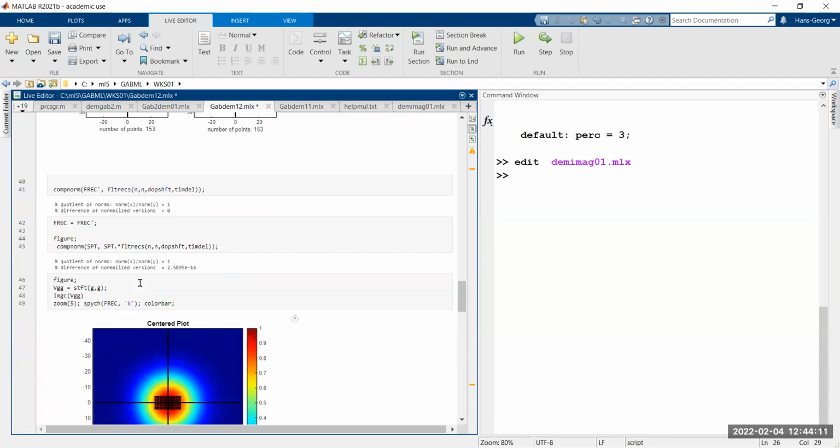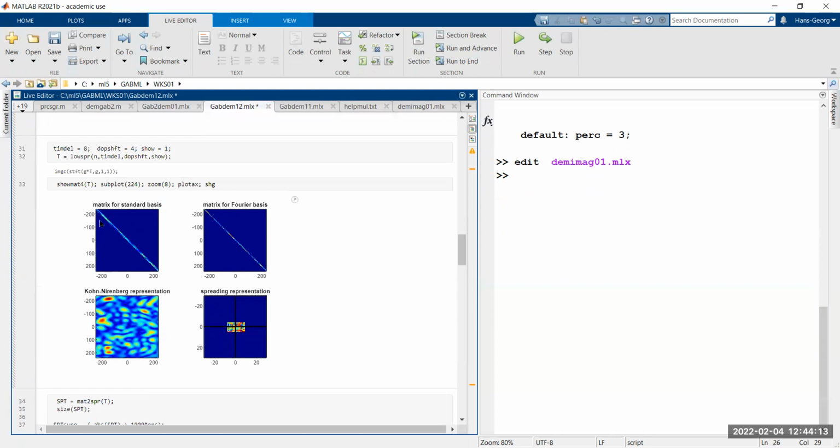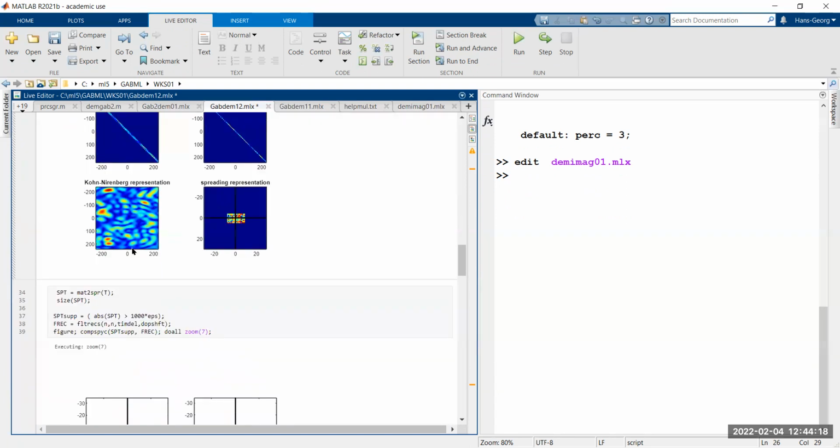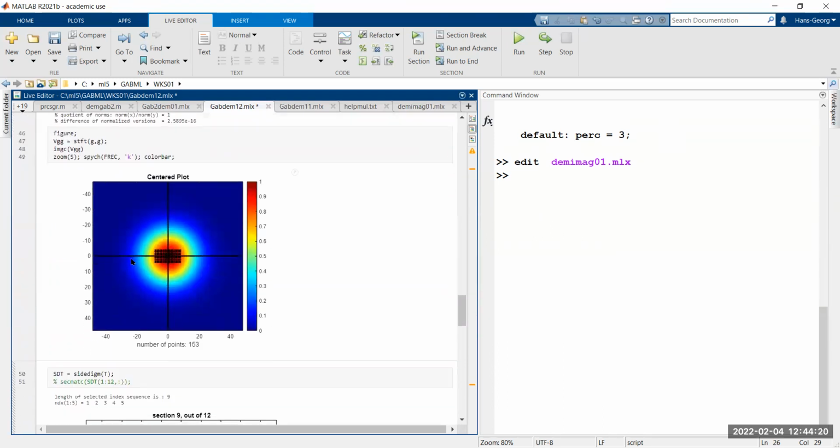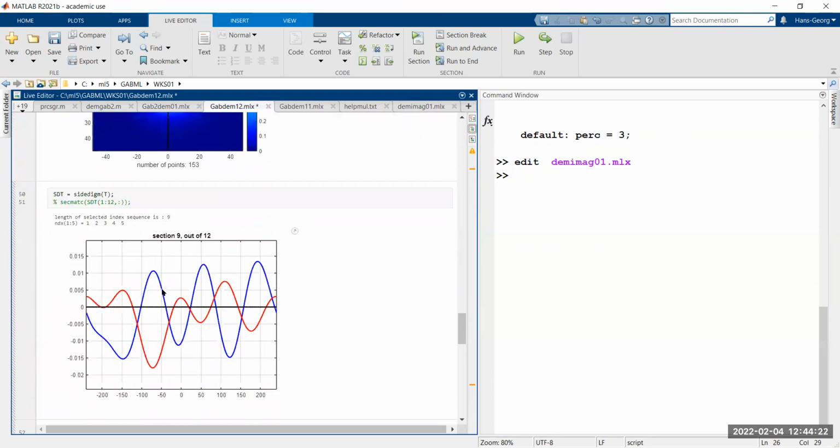Now, what we have seen here is that it's looking like a diagonal matrix with a few side diagonals. And in order to illustrate also this effect, I'm doing a side diagonal representation, meaning I put the main diagonal as the first row, the first side diagonal as the second row, and so on.